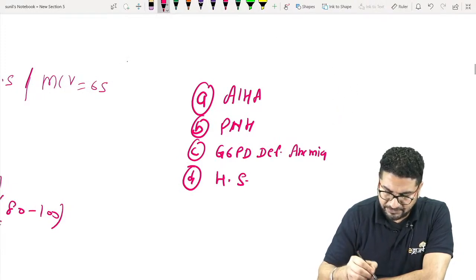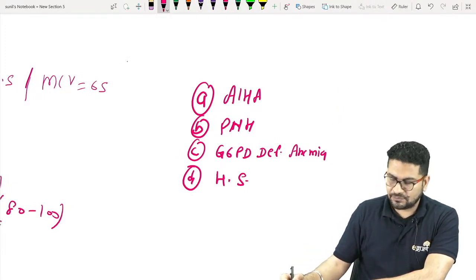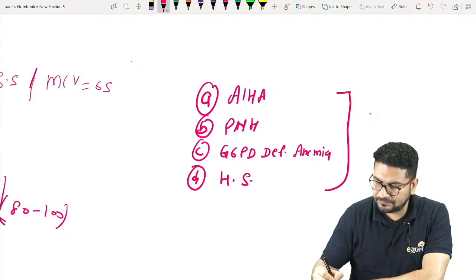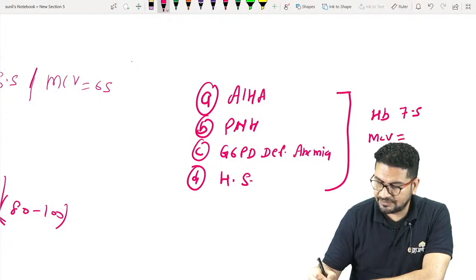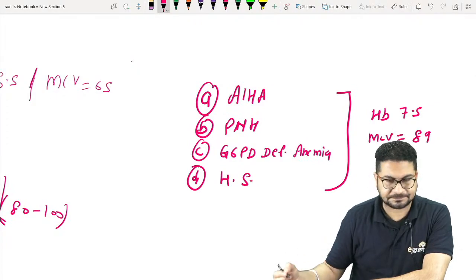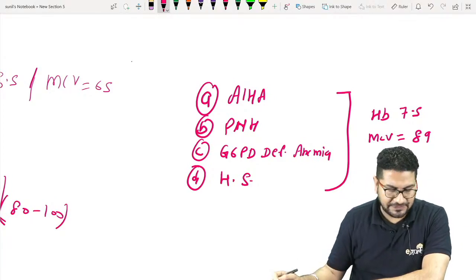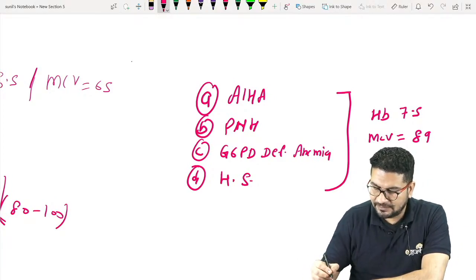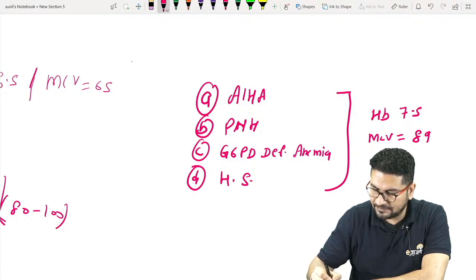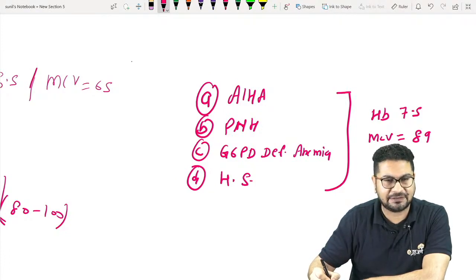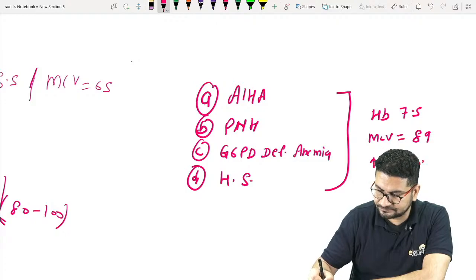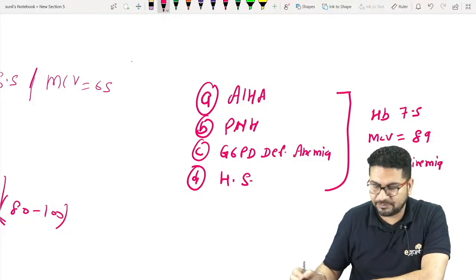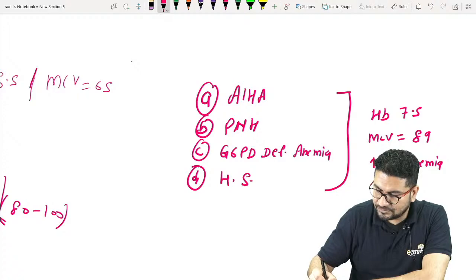A 5-year-old boy is having hemoglobin value of 7.5, MCV in the range of 89. If you notice, the patient is developing features like pallor, icterus, hyperbilirubinemia, jaundice.